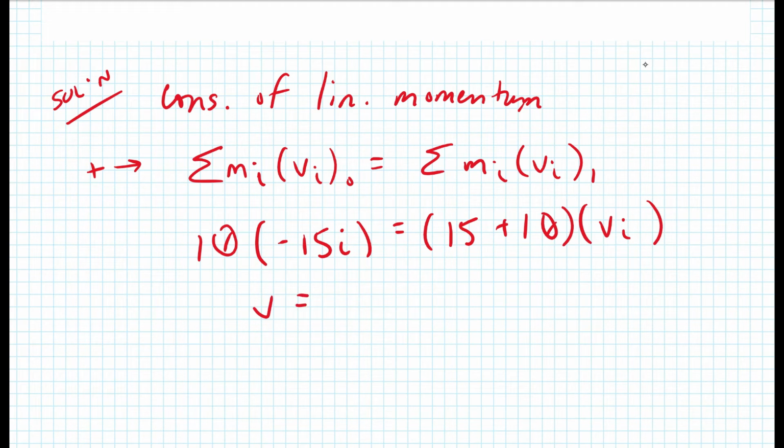Then v is equal to negative 6 meters per second, and we can rewrite it as 6 meters per second going in the direction to the left.